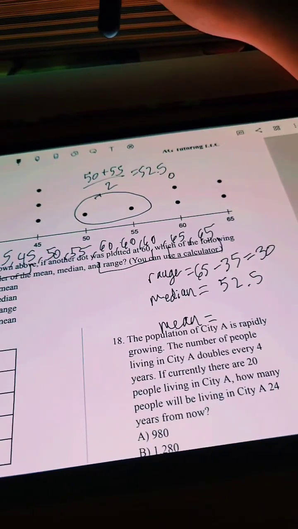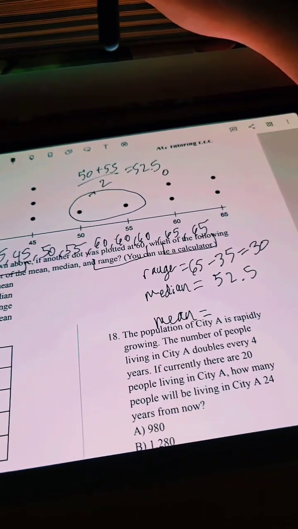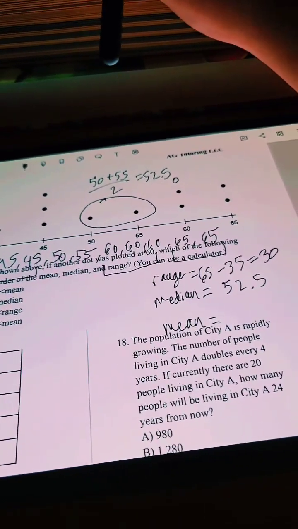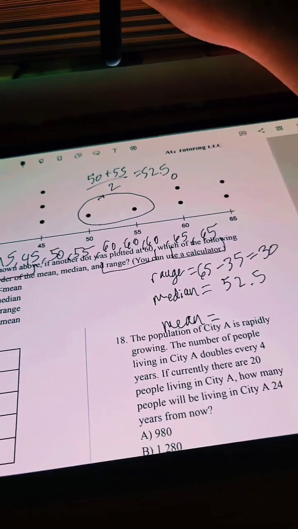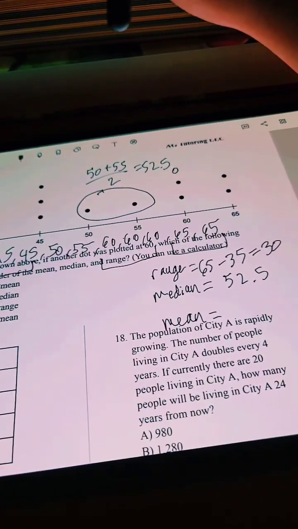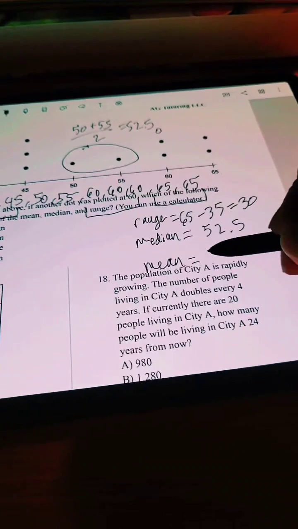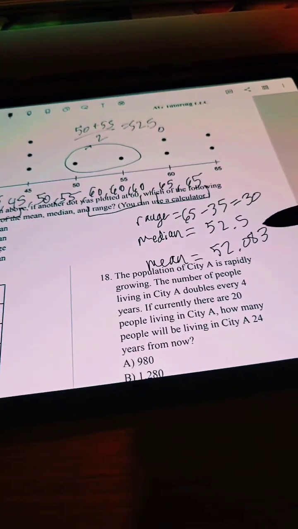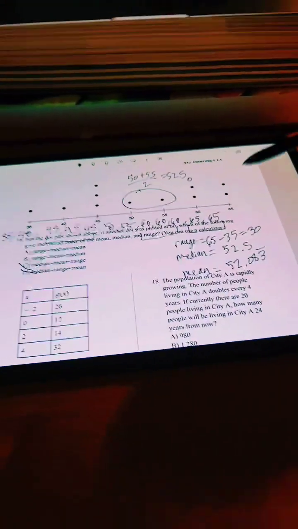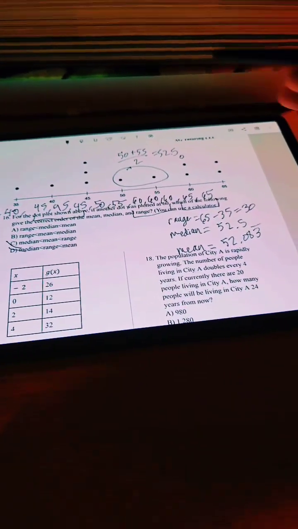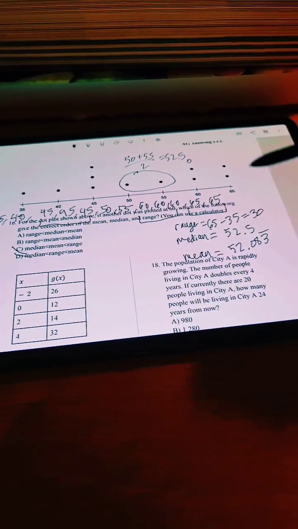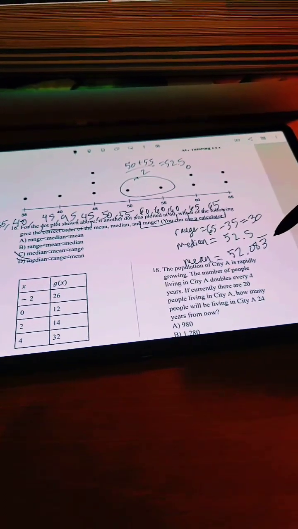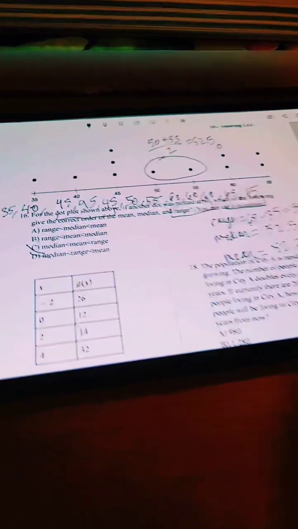And then that's going to be plus 130. And then divided by 12. Okay, so that's 52.083, and so on. So it's very close, but it's less than the median. So if we're talking about the order from least to greatest, range would be the least, and then it would be mean, then median, so it would be B.